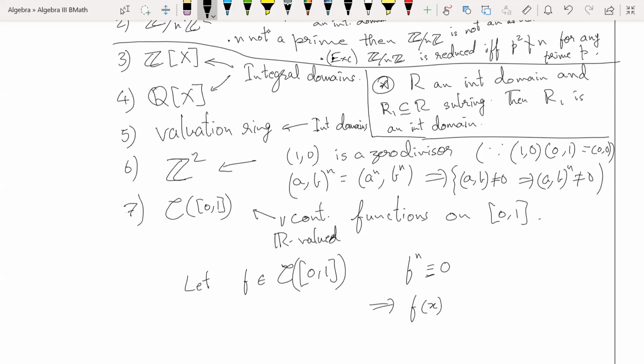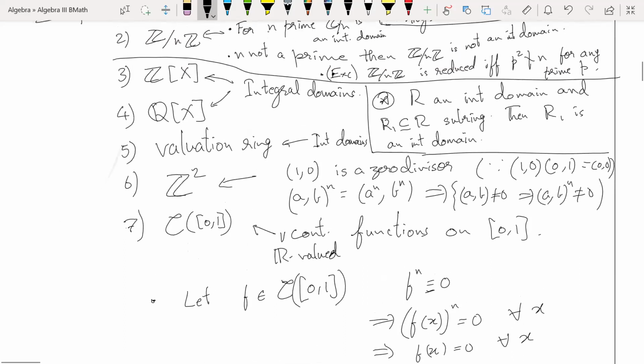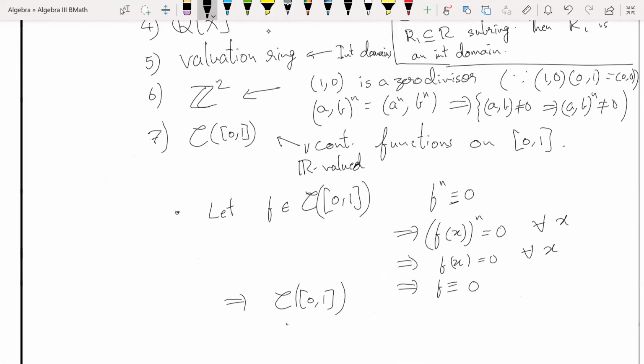That tells you that (f(x))^n is 0 for all x. But R is a reduced ring, so f(x) must be 0 for all x, which implies f is identically 0. So this argument tells us that C[0,1] is reduced.